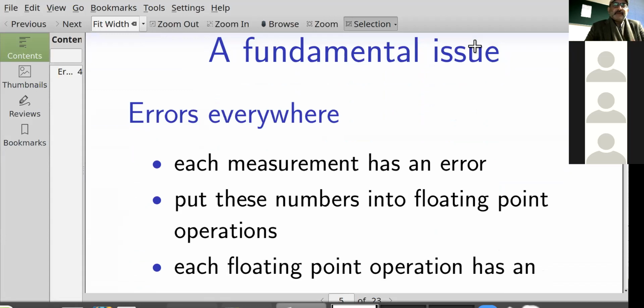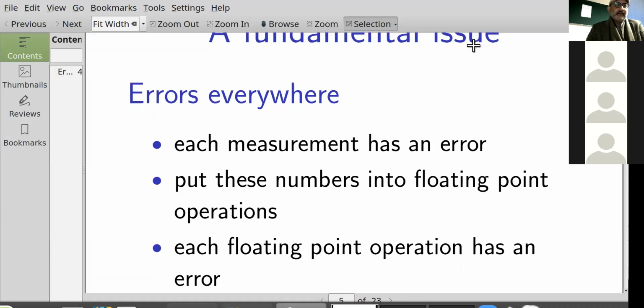If you're doing scientific computation for the purposes of physics, for example, you may be doing some measurements. Each measurement has an error. You're going to put those numbers, which have some error on them, into a floating point operation, which then has its own associated errors. And then those results are fed into other floating point operations, which also have some errors. So there's no way that we can do serious numerical work without discussing how errors propagate.